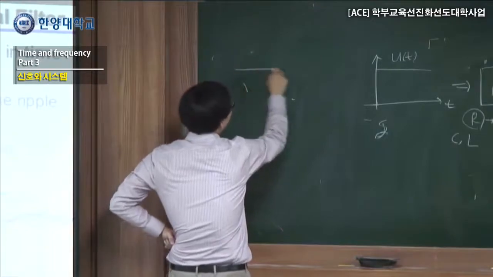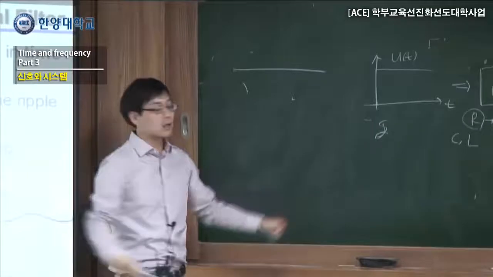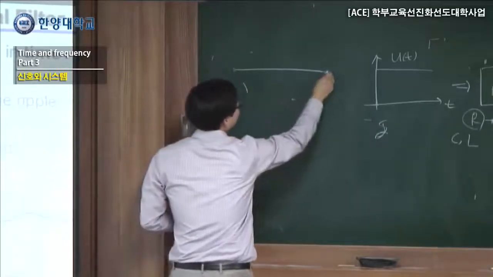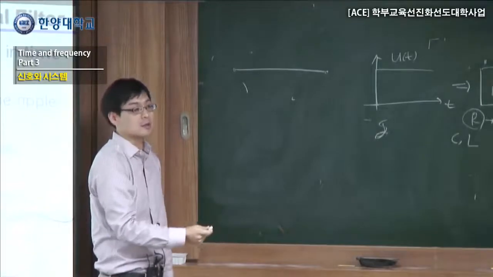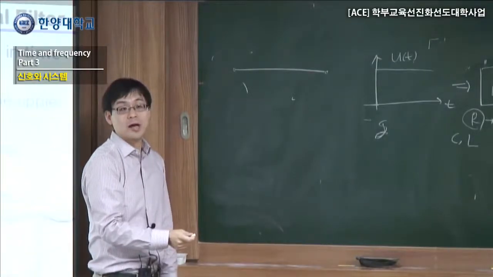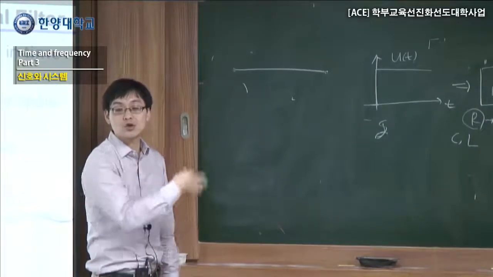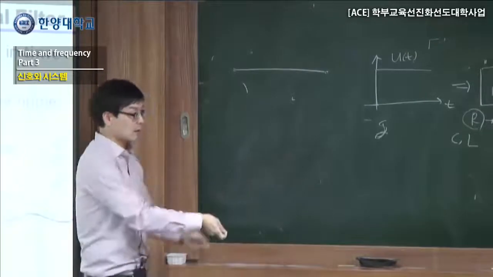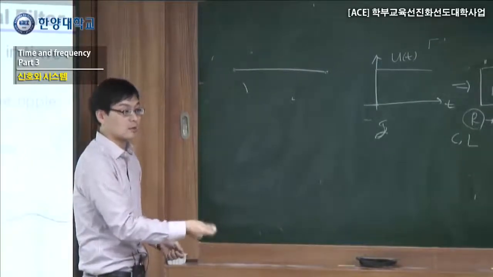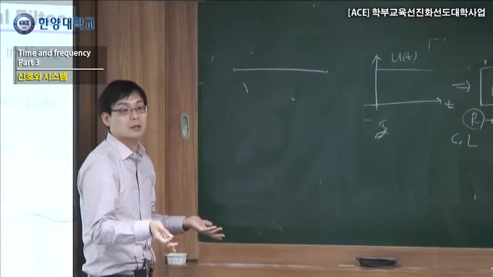Take a look at a string, tightly put it together, and give a pulse. Just give a pulse. What kind of shape will the string have? It is pretty tight. You give just a pulse, a step function, and then what do you expect to see?